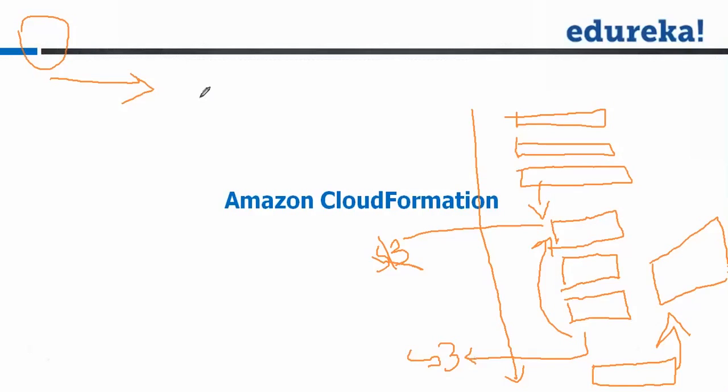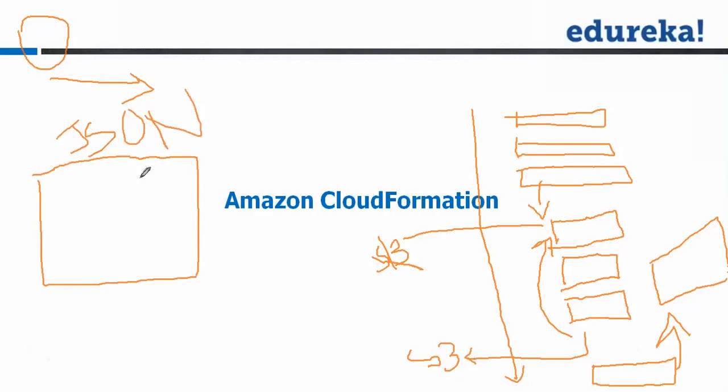Once this is done, only then create the elastic load balancer. So if you want to follow everything in order, Amazon CloudFormation is the go-to way. It provides you a template. A template is nothing but a JSON-format scripted language where you can define all the steps. It will follow these steps and configure your environment based on them.